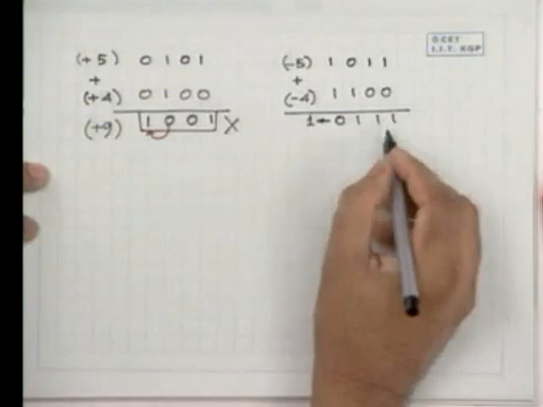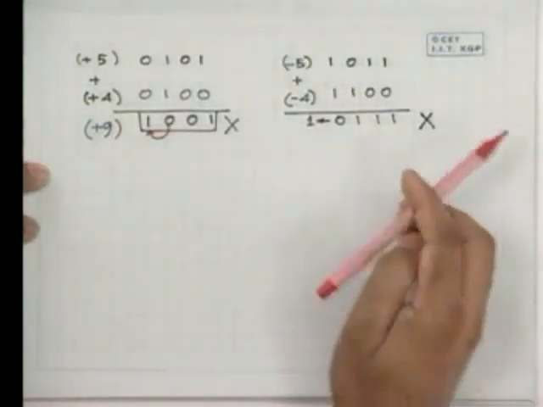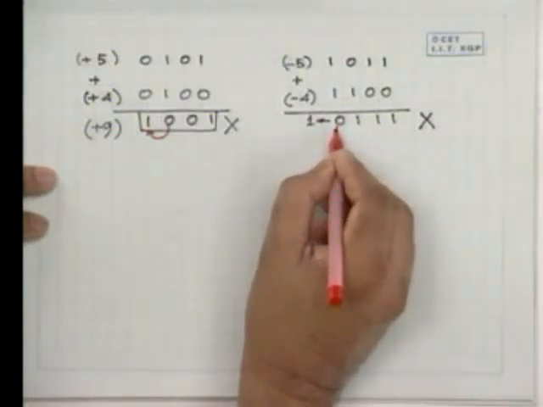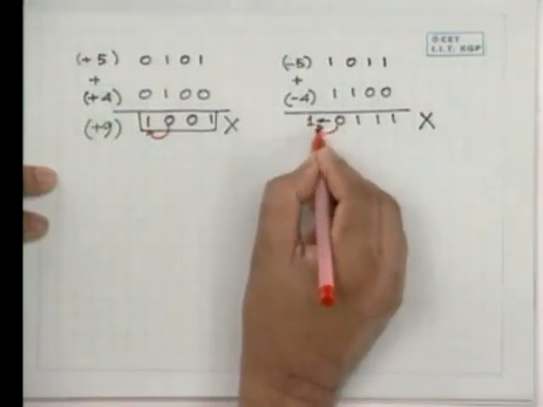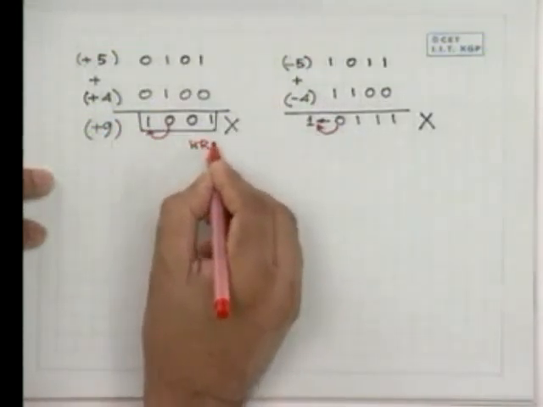Okay. Once more you see the result is wrong, and we find that a carry has emerged out of the most significant bit. Therefore, this is wrong.